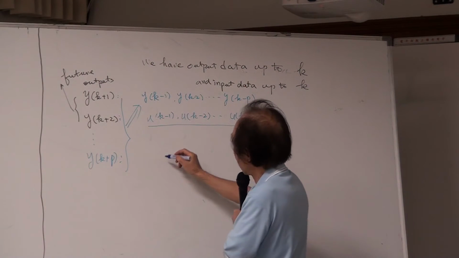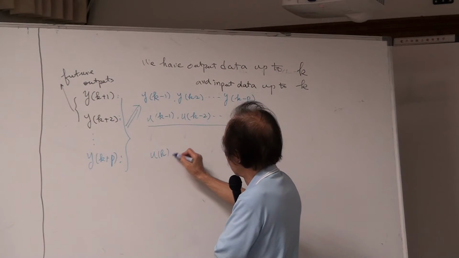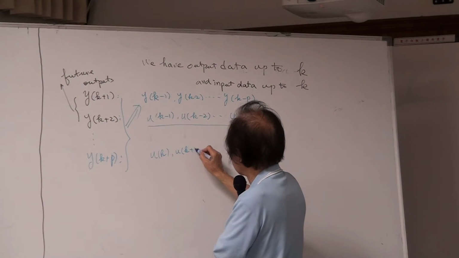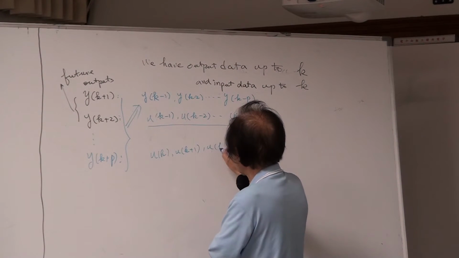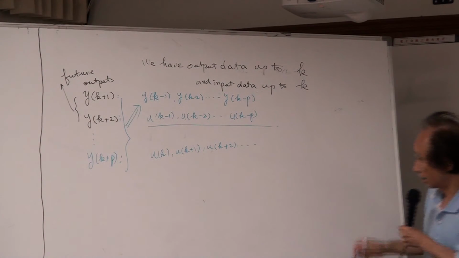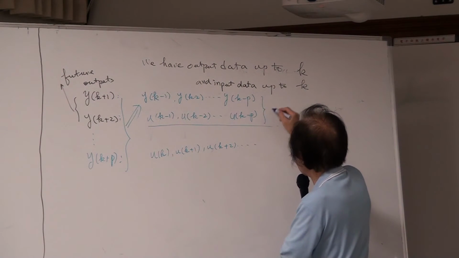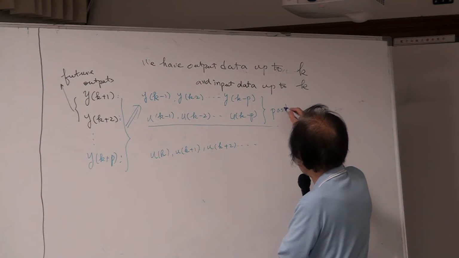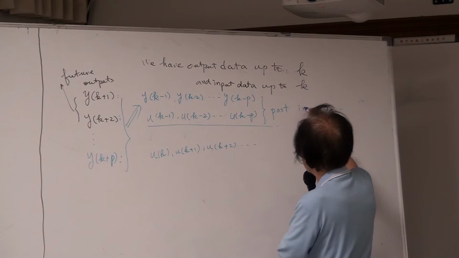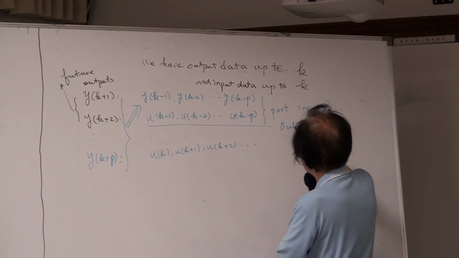So that we have uk plus 1, uk plus 2, and so on, right? And I call this the past input and output data.